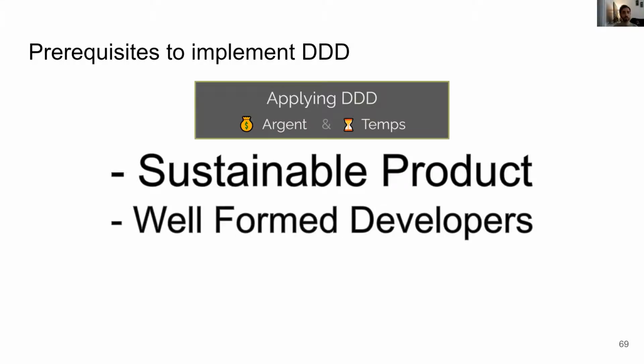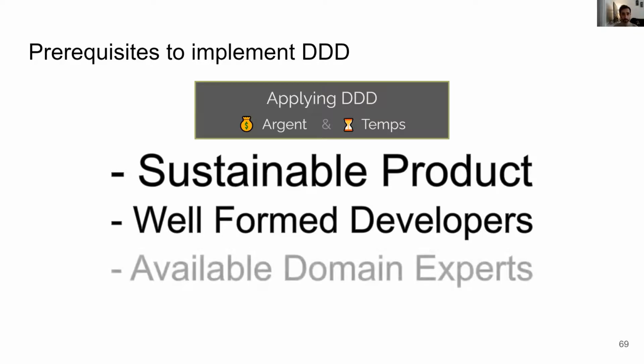You should have well-formed developers. They should know what DDD is, and the mindset of DDD. And, as we said, they should not be shy. They should ask questions. They should go and talk with the domain experts. They should comprehend the domain and its problems to have a solution that fits these problems.